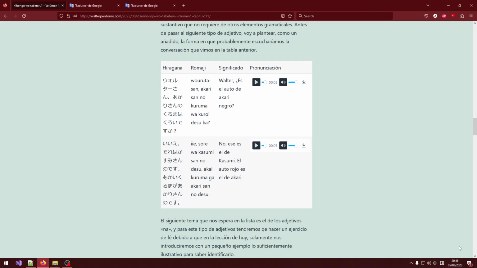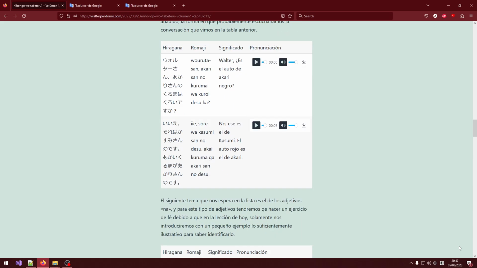Next lesson is probably gonna be some kind of rewind, or maybe practice what we have learned until this point. So the lesson after that, we will probably learn about the na adjectives. But let's take a look at how they look.